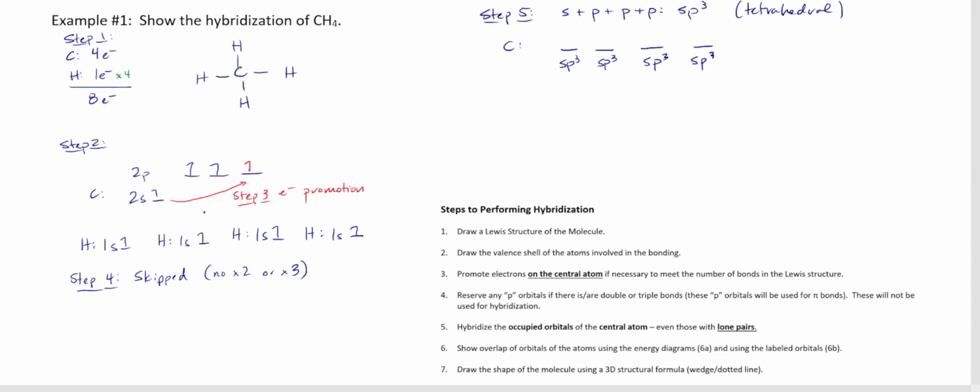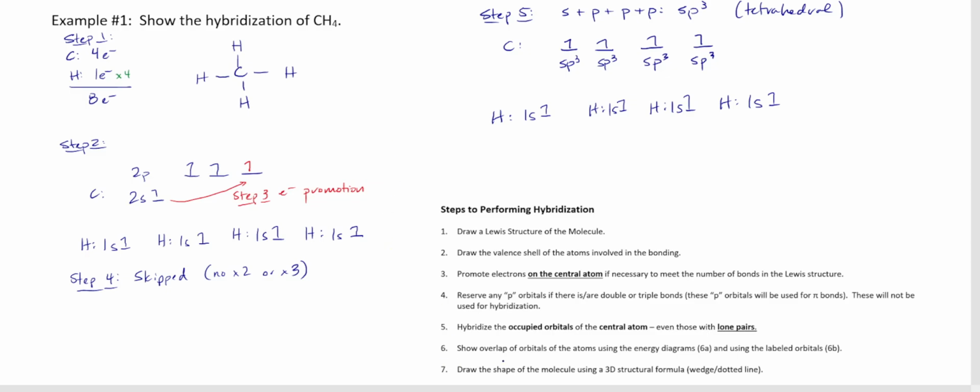As we can see from this diagram now, they all have 1 electron in them, so carbon's able to form 4 bonds. And I've got my hydrogen, 1s. I've got another hydrogen, 1s. I've got another hydrogen, 1s. I've got another hydrogen here, 1s.